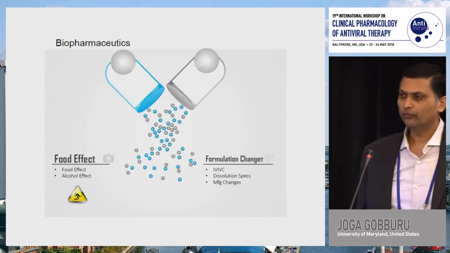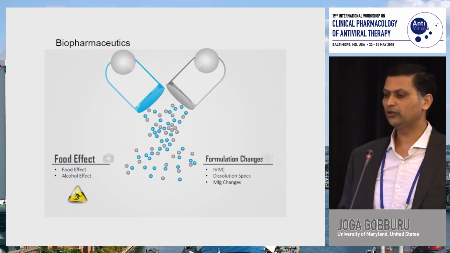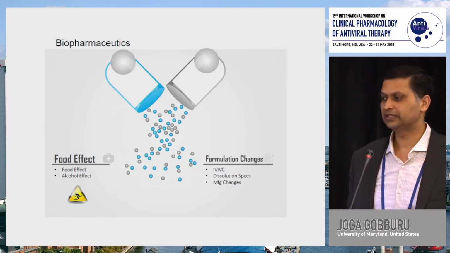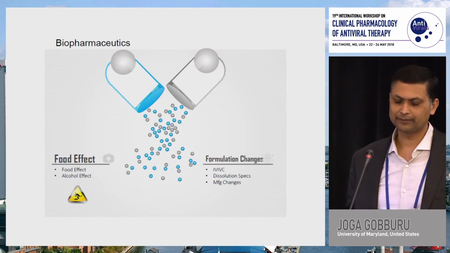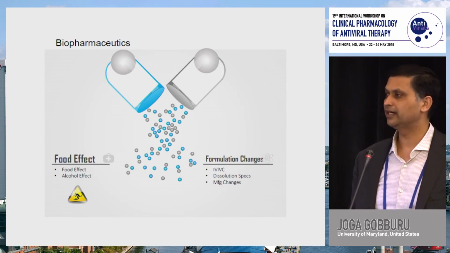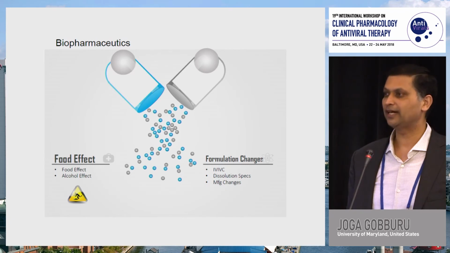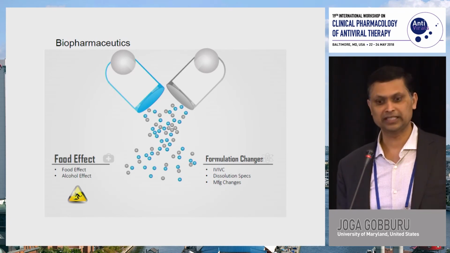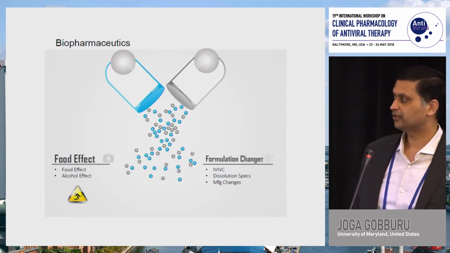Biopharmaceutics. What do I mean by biopharmaceutics? When you have a formulation change, there are 3 types of changes. If you're not familiar with it, the only thing that we would care about is major changes, like manufacturing changes or a big time excipient change, more than 5% and so on.